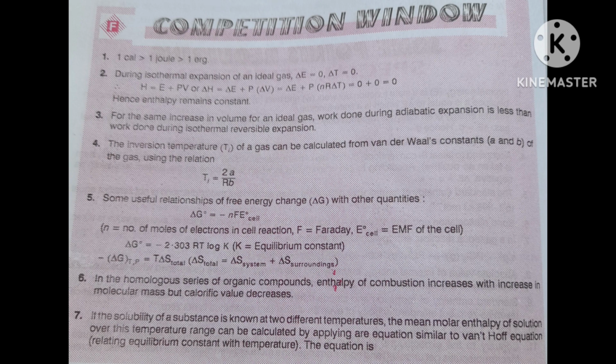I am just giving an example; the temperatures may be others. If the solubility of a substance is known at two different temperatures, the mean molar enthalpy of solution, the mean average, over this temperature range can be calculated by applying an equation similar to the Van 't Hoff equation. The Van 't Hoff equation is a relation relating equilibrium constant with temperature.